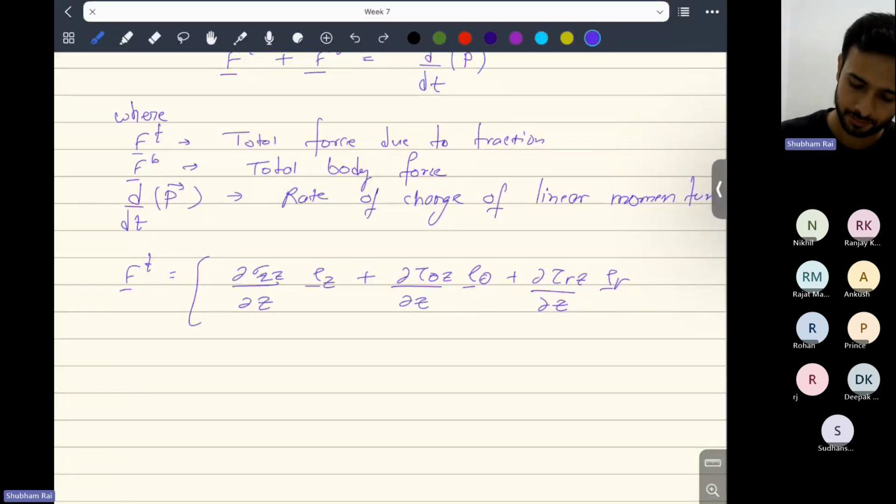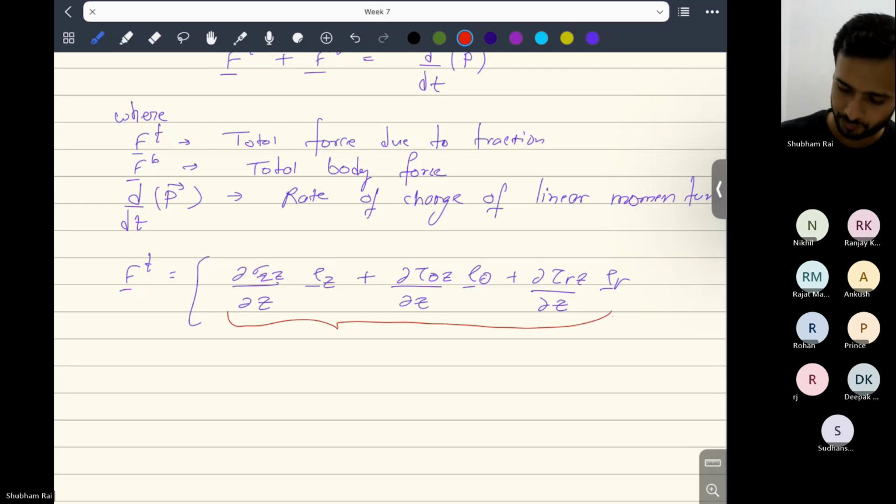This is the equation corresponding to z plane. So this is traction force on the z plane. Then you have r plane. Let me write that also.